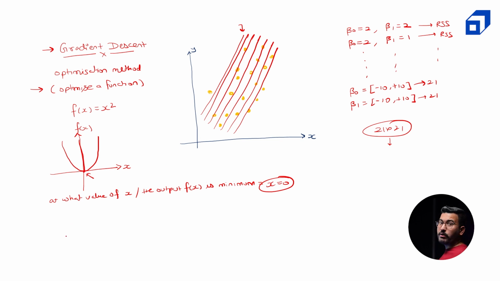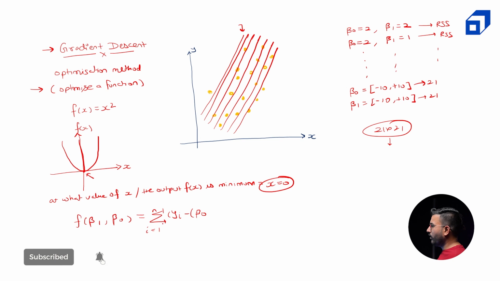Similarly, if I talk about regression, in the case of regression, my function is given as w1 comma w0 is equal to summation of i is equal to 1 to n yi minus beta naught, or let me correct this one. So it will be beta naught and beta 1.